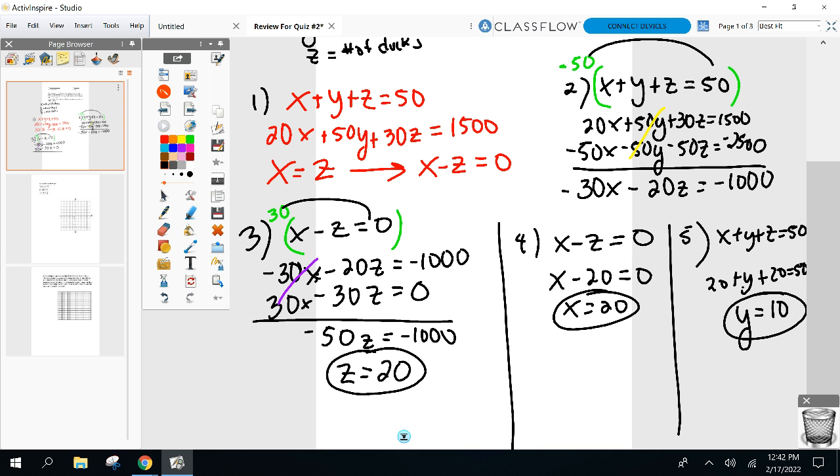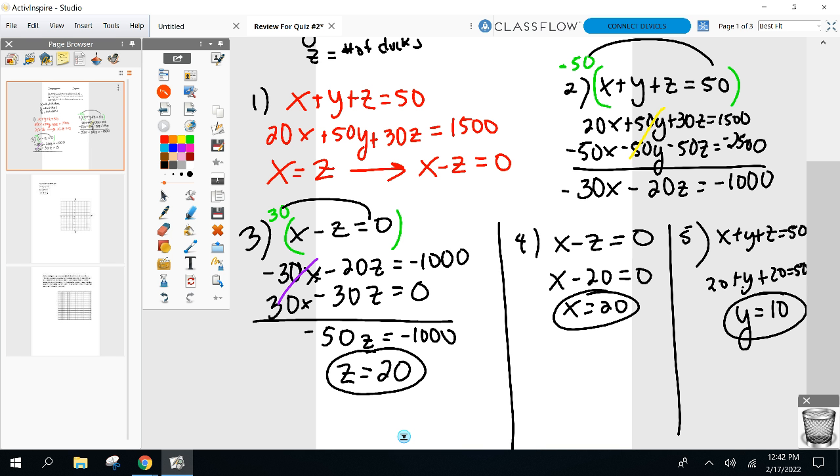You multiply by negative 20, so you gotta multiply 15 by negative 20. Negative 1,000, so 1, 2, 3. Gone. 30Y plus 10Z equals 500.